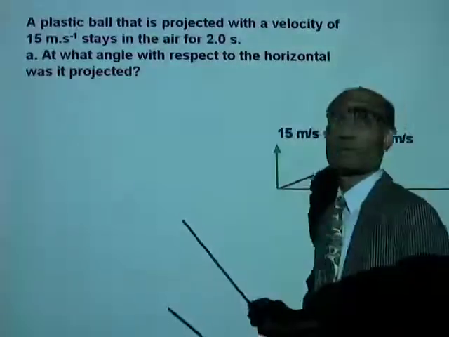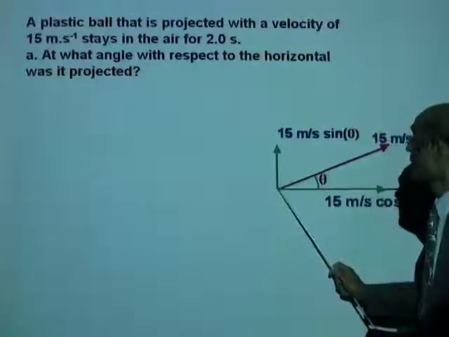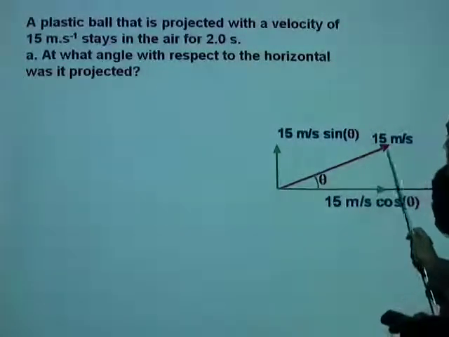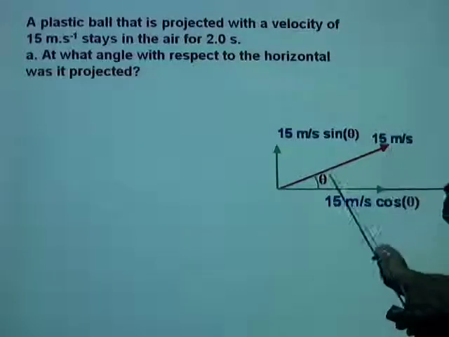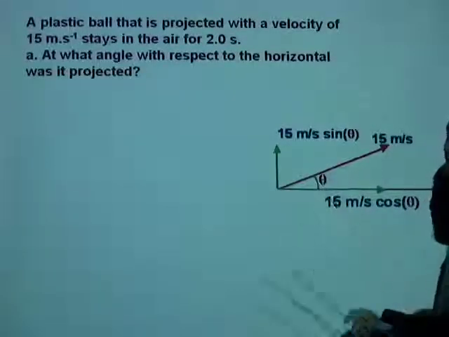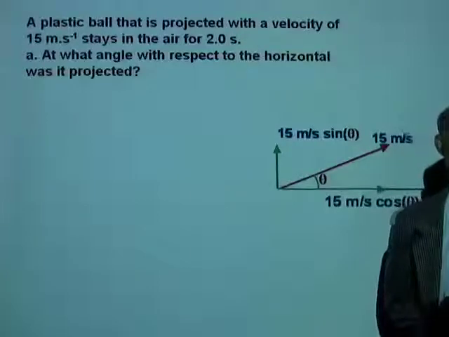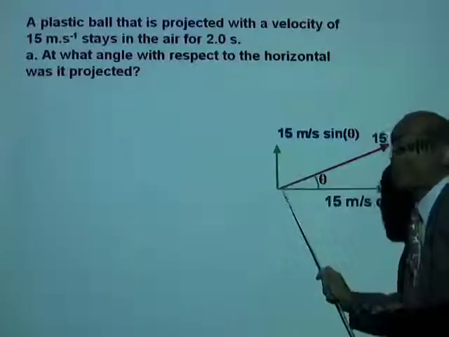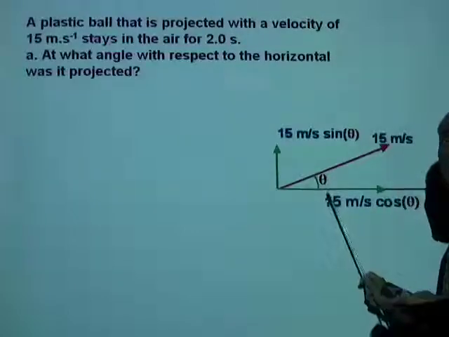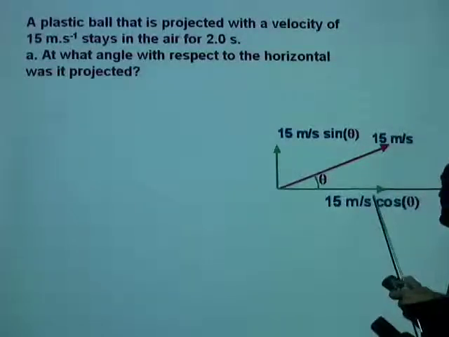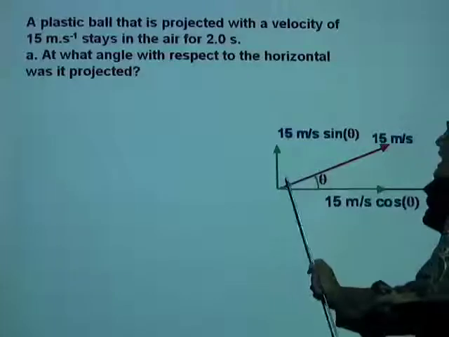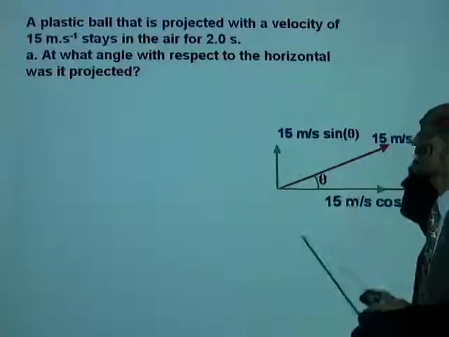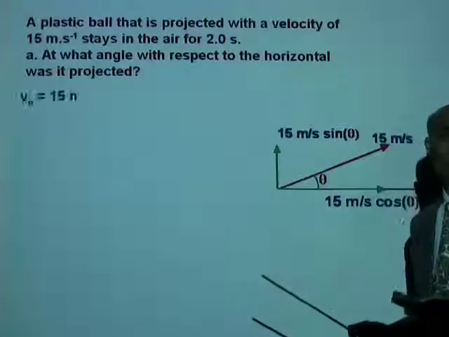Alright, let's set it up. Here we have a plastic ball projected with a velocity of 15 meters per second at an angle theta, and we need to find that angle theta. Now, the velocity has a horizontal component 15 meters per second cos theta, and a vertical component 15 meter per second sine theta.